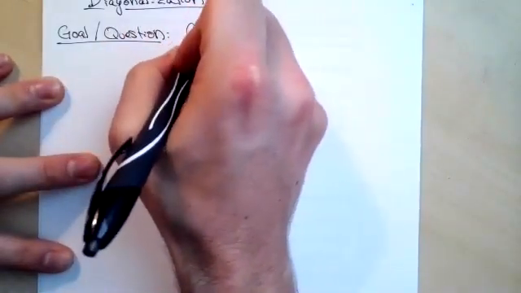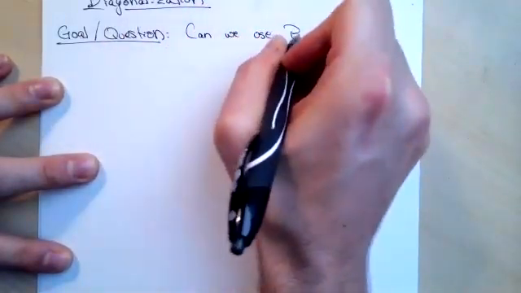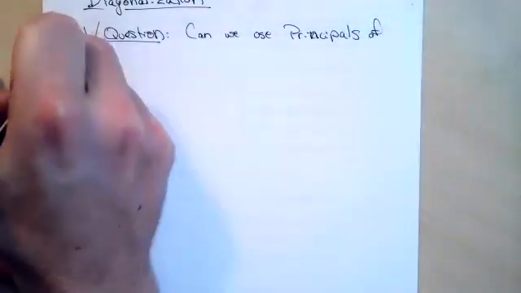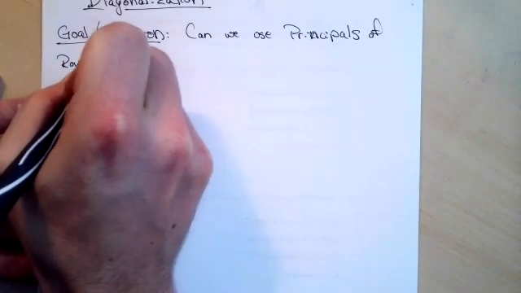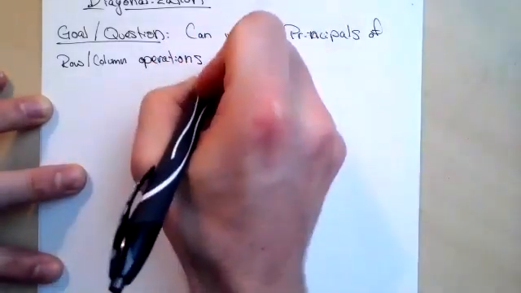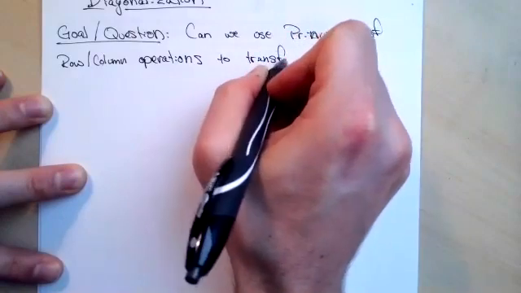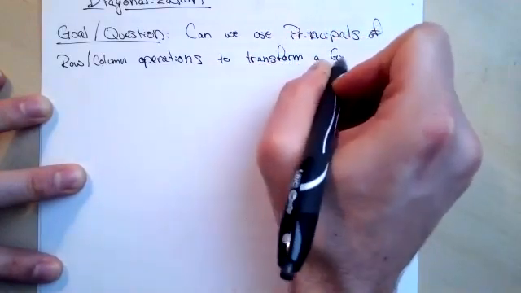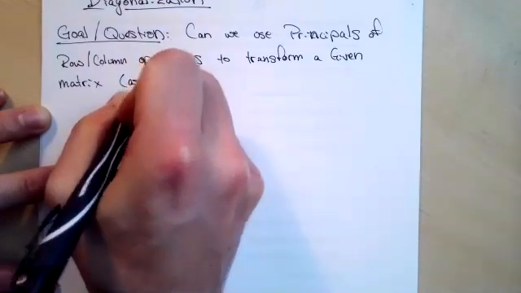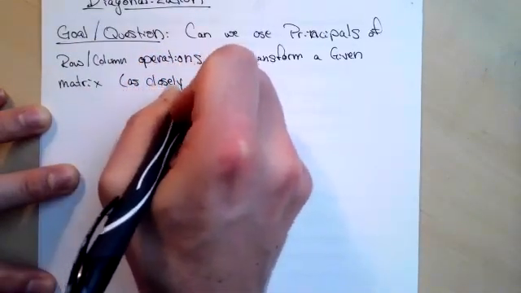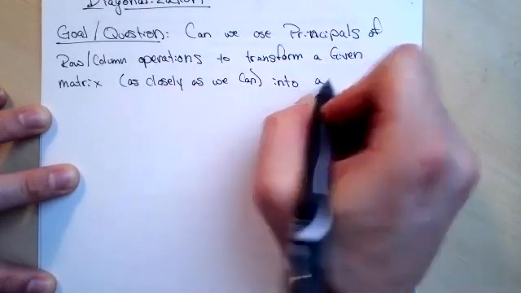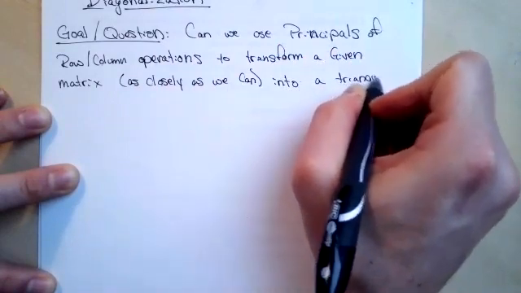Can we use the principles of row and column operations to transform a given matrix, as closely as we can, into a triangular matrix?